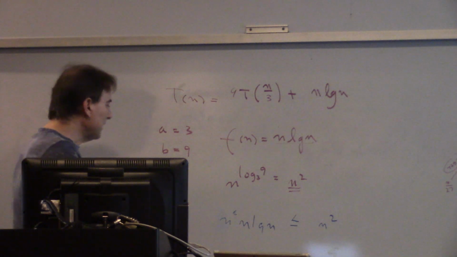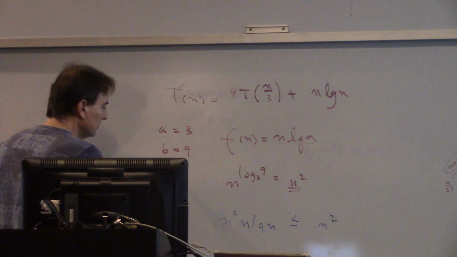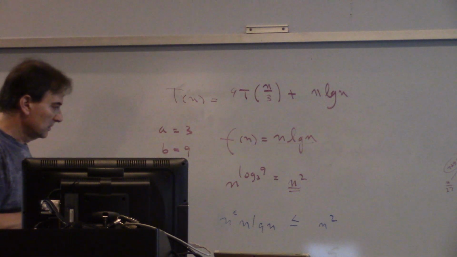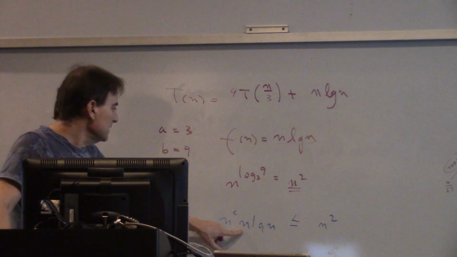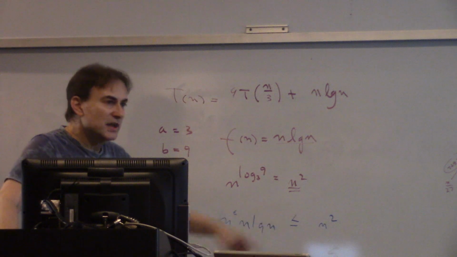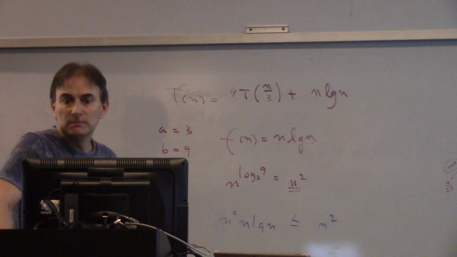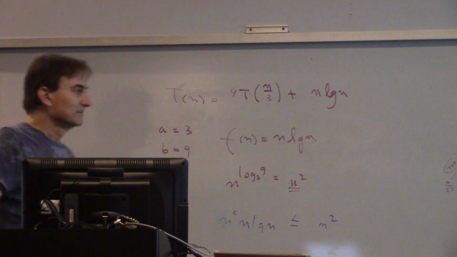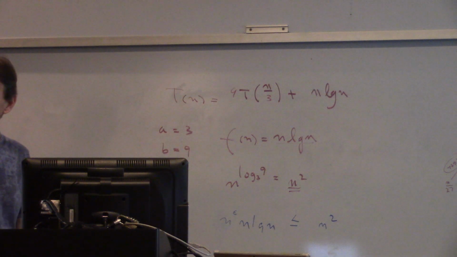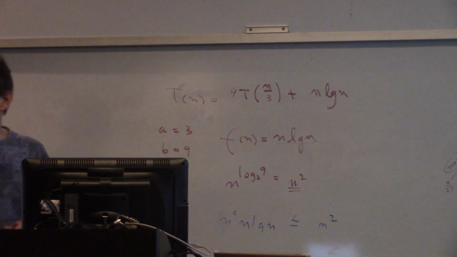So what if epsilon was equal to 0.000001? Then this would be n to the 1.00000001 times lg n. Would that be less than n squared always, polynomially? Yes, it would be slower.